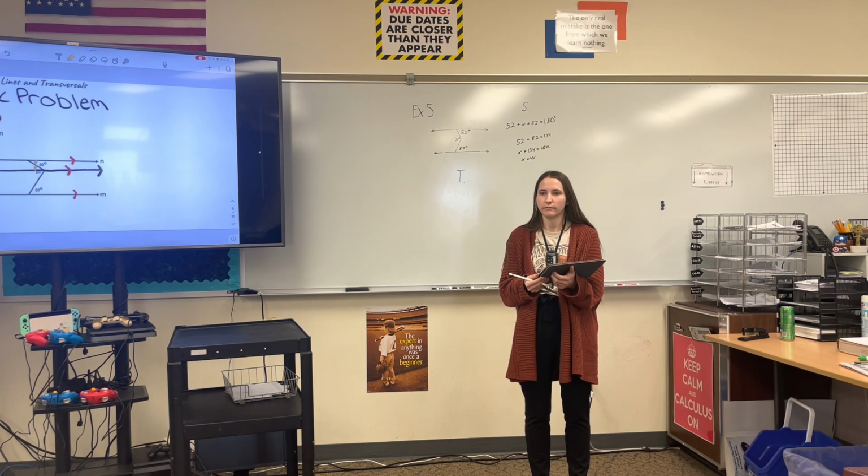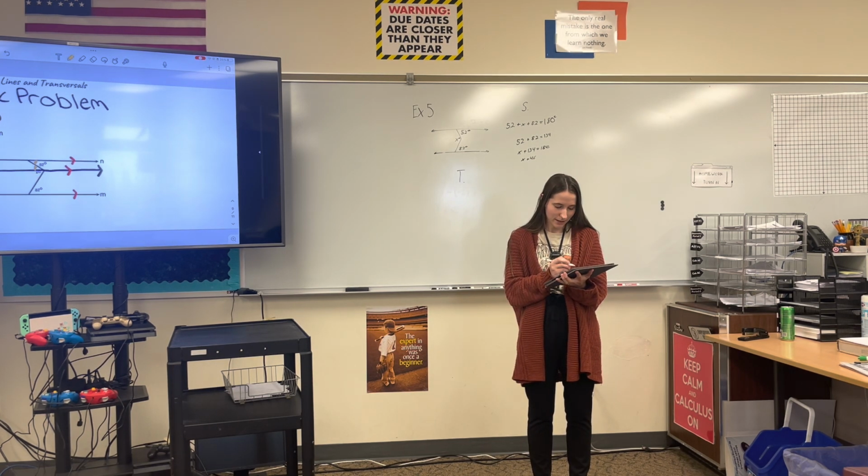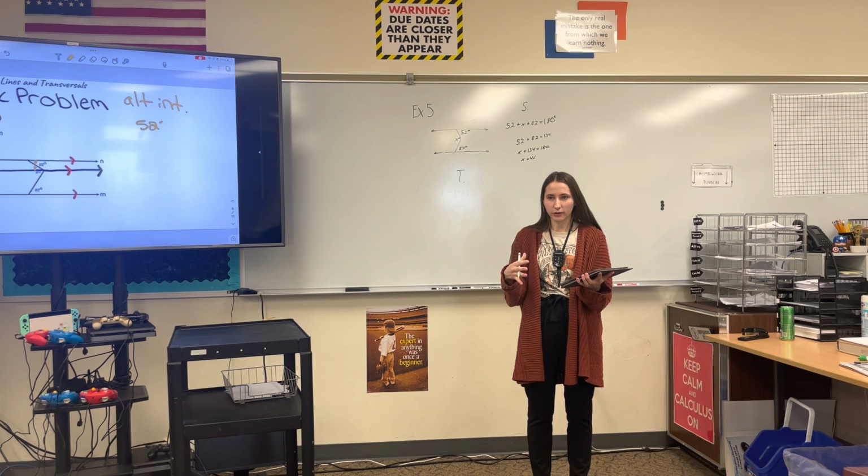Ms. Whipke says those are alternate interior angles. I can't even spell the abbreviation right this time, guys. Alternate interior angles, so they must be congruent, so I'm gonna put 52 there. And I'm gonna use color to label mine. We could also label it in a different way if you wanted to name those specific angles.